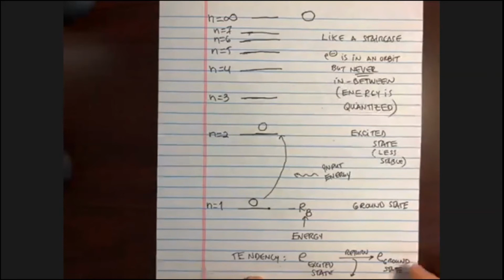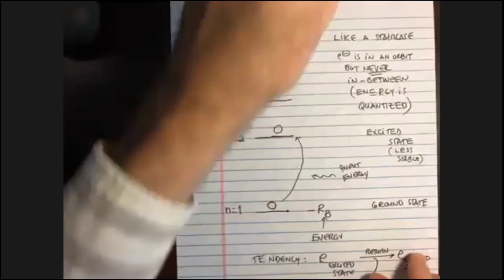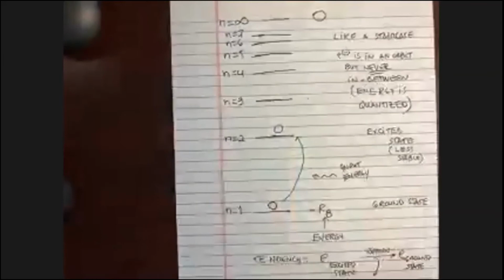Because you have to conserve energy, right? Remember we talked about the conservation of energy? So what happens to that energy now? It has to go somewhere. Well, the way that energy is released is in the form of a photon of light.